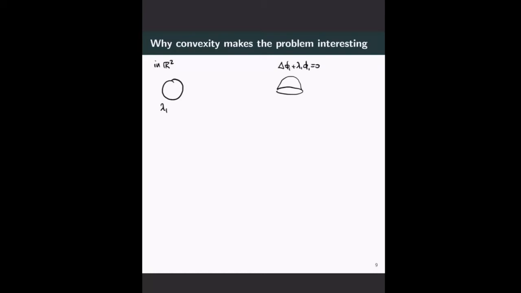But if you have another ball, sorry, a disk, then you still have a lambda 1 here. This domain is disconnected. And you can also have this guy. So this would be your first eigenfunction in the first one and in the second one, in your second disk.